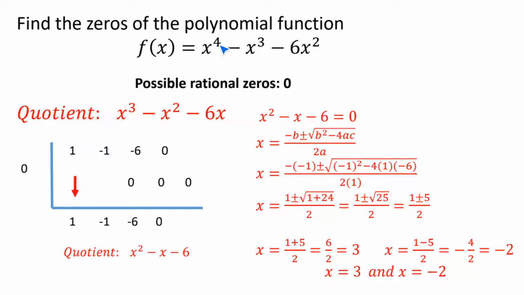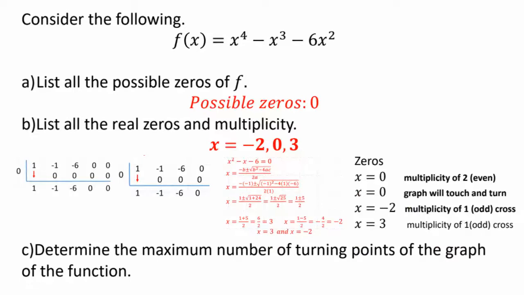So we should have 4 zeros. So let's see what our 4 zeros are. So we have x equals 0 from the first synthetic division, x equals 0 from the second synthetic division, and x equals negative 2 and x equals 3. So the multiplicity of 0 is 2, so the graph is going to touch and turn.